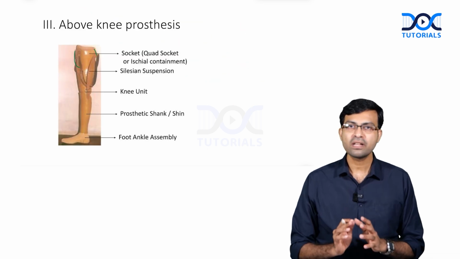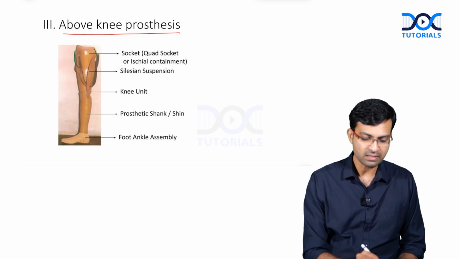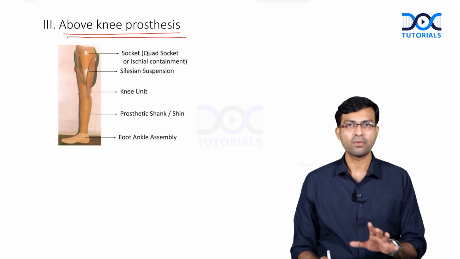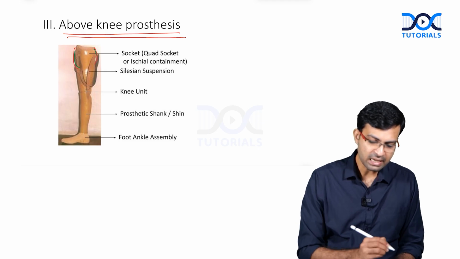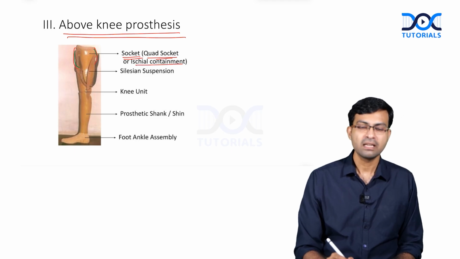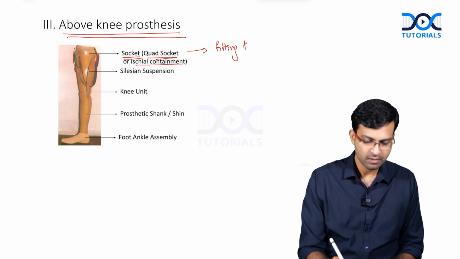One of the most important prostheses for your exam is this above knee prosthesis. You don't have to learn much, just know the parts of the prosthesis. This wide conical area you see here is called the socket, or the quad socket, or the ischial compartment. It is just a socket for fitting the stump.